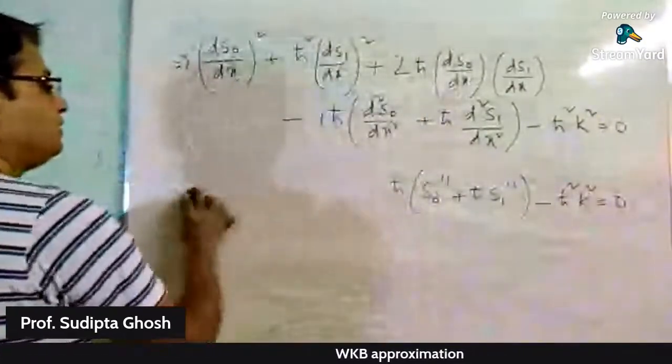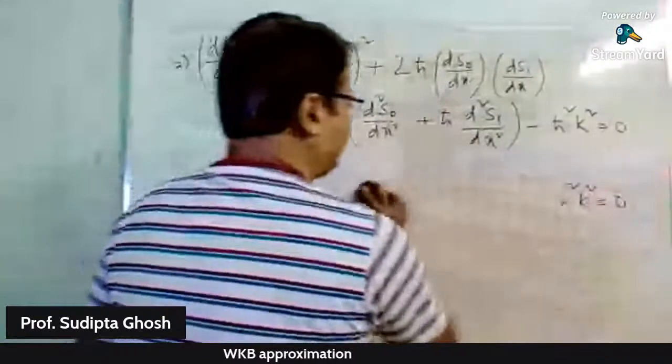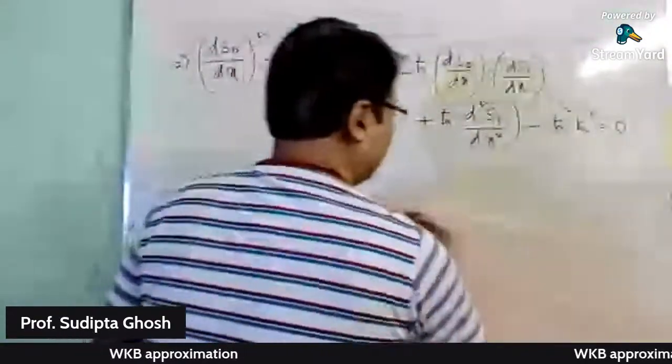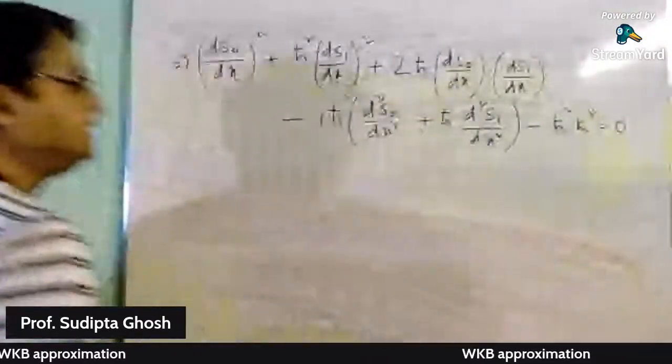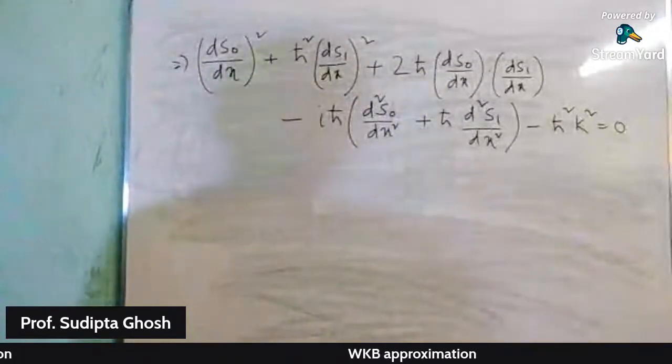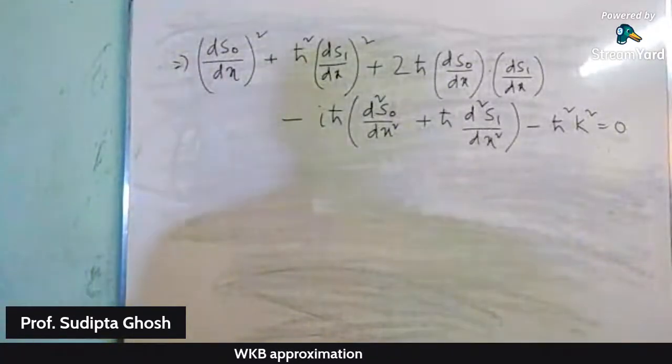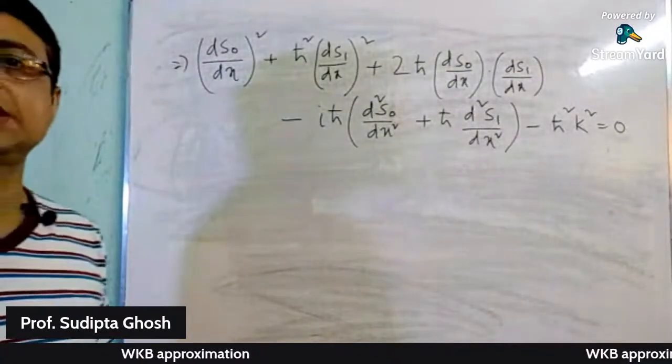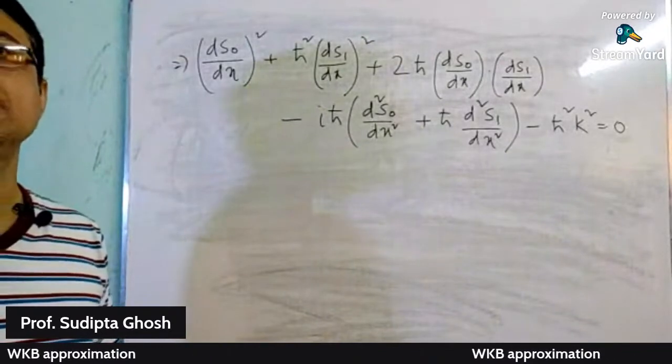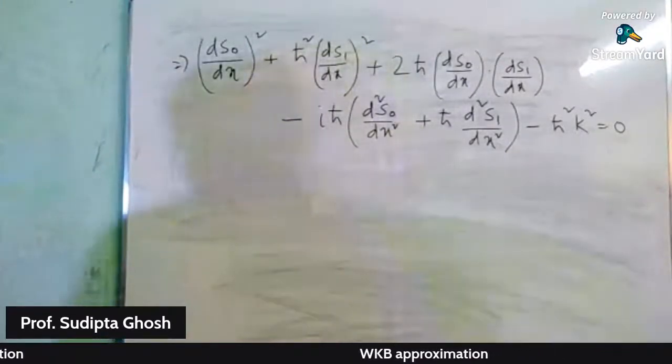Now here, after substituting these values, what you can see is that again we get terms containing ħ².